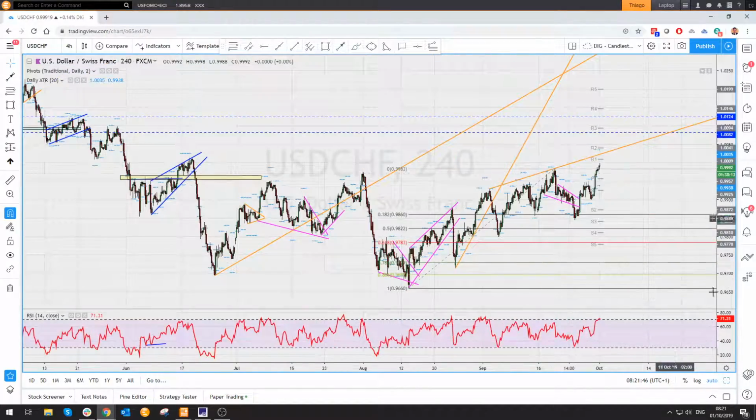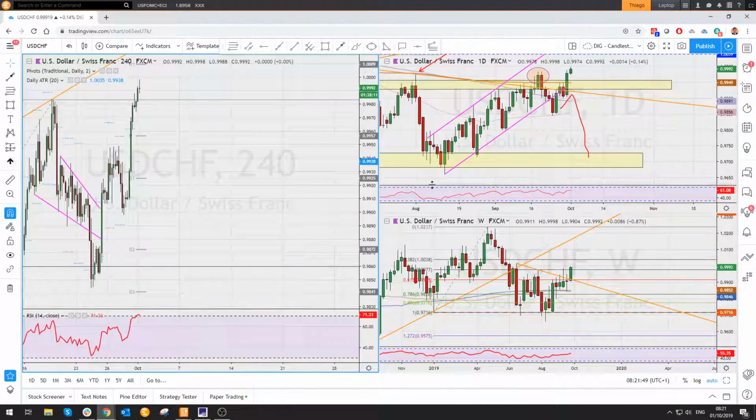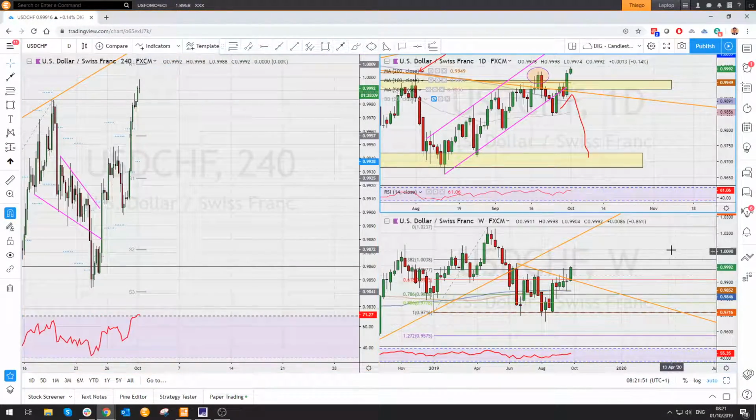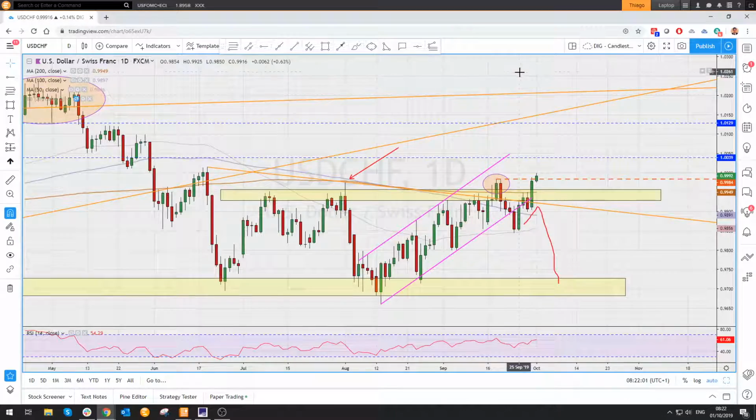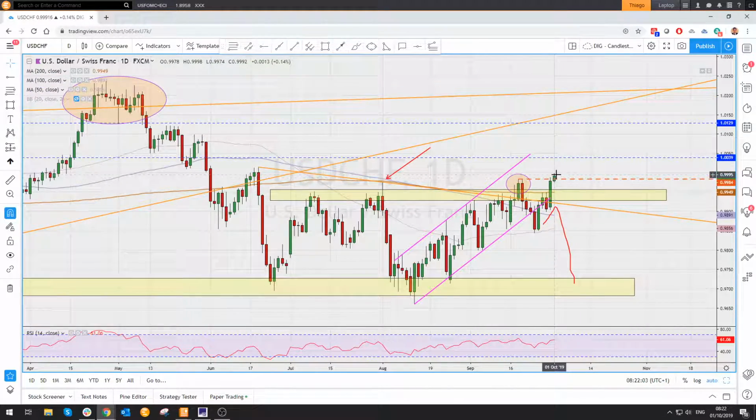Dollar Swiss, guys. So the dollar Swiss yesterday, I said about this previous high here, isn't it? So we did break yesterday. We didn't close above it, so it was not a huge signal. But today we're having that continuation, guys. So I think now it's giving a breakout area.